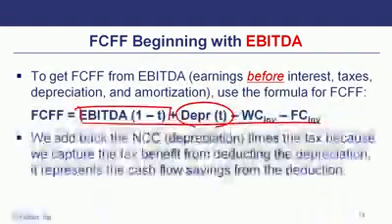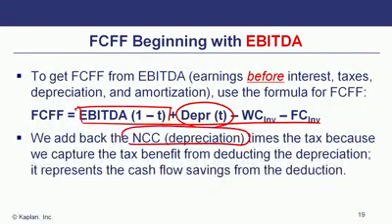We have to add that tax shield back because, while we add depreciation back, the tax shield was in net income, but it is not in EBITDA, right? Because it doesn't have the tax effect. So we add back non-cash charges, or in this case, let's just assume the only non-cash charge is depreciation, times the tax rate, because we capture the tax benefit from deducting that depreciation, right?